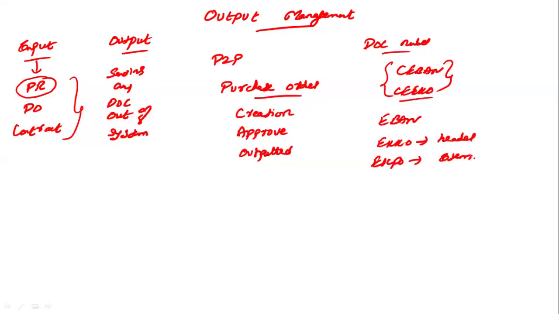If you don't know whom to send to, how are you going to send? Okay, that is the reason it is called an internal document. When any external parties are involved in the document, then that document is called an external document. That means output, right? Yes. Okay, clear.